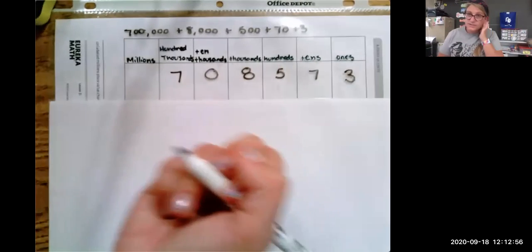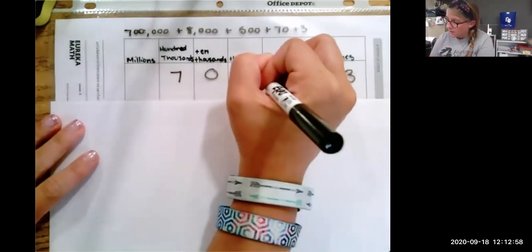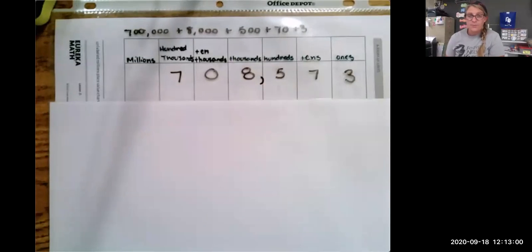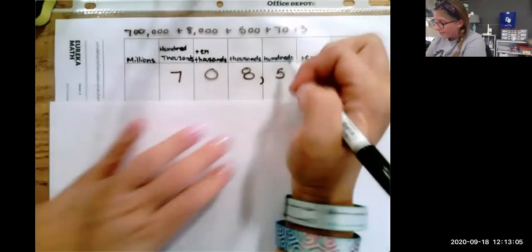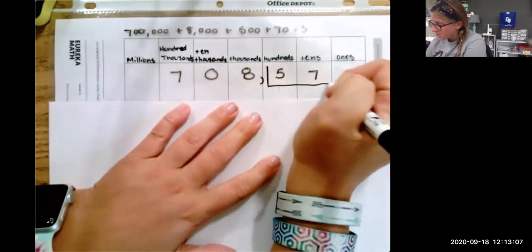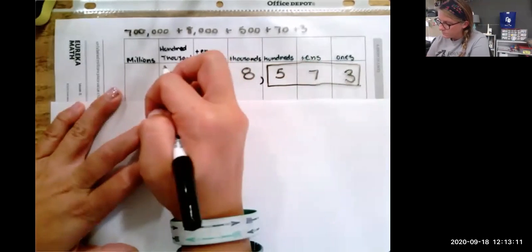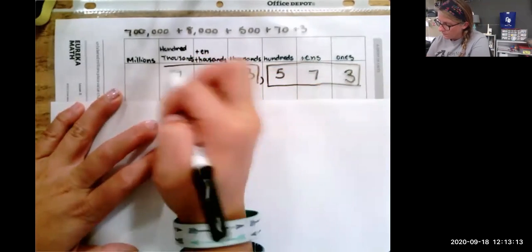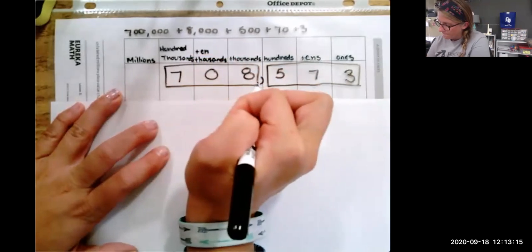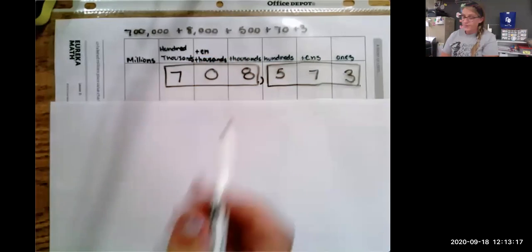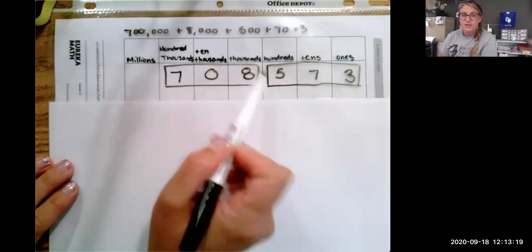After our thousands is where our comma goes. A good way to help you remember your place value houses and how to read this number is by grouping each of our 3 digits into one group. So in our house, we're going to read the number as if it was just a number by itself.